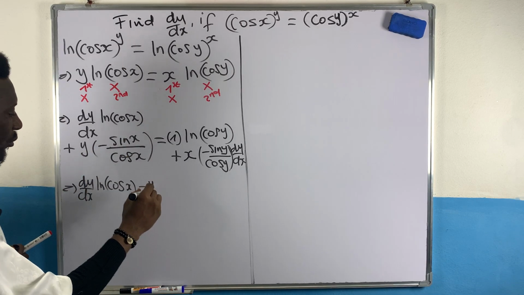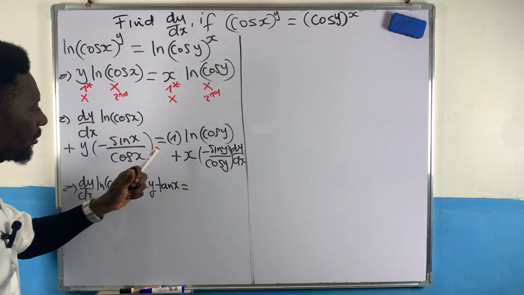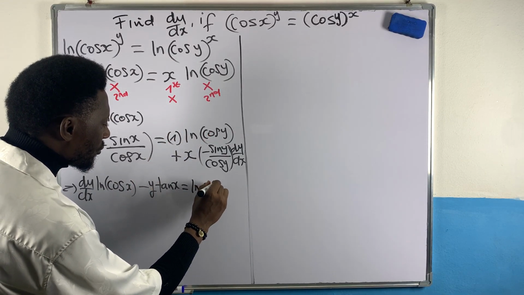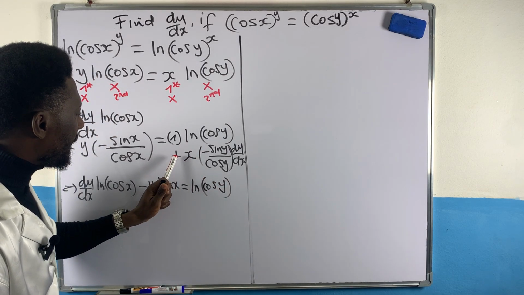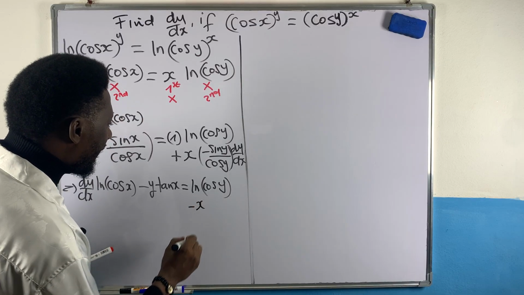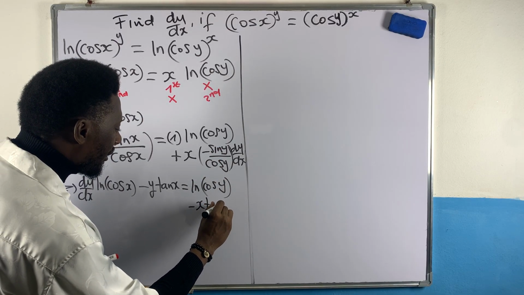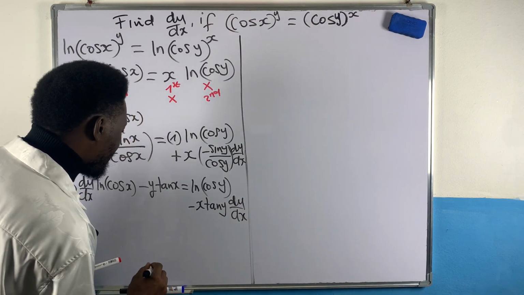Sin x over cos x is tan x, equals 1 multiplied by ln cos y, then this positive x multiplied by the negative is negative x. Sin y over cos y is tan y, times dy/dx.